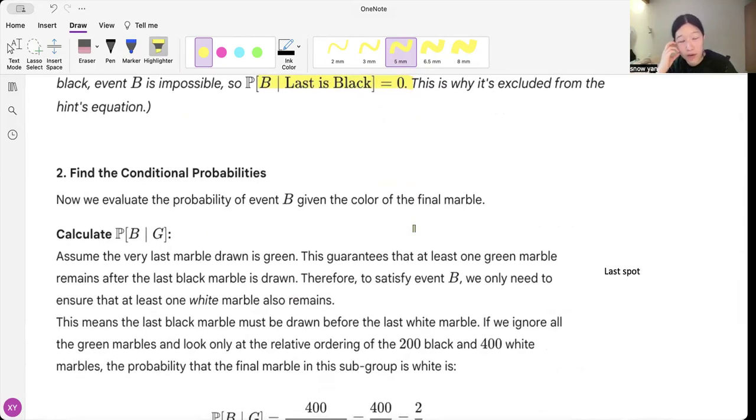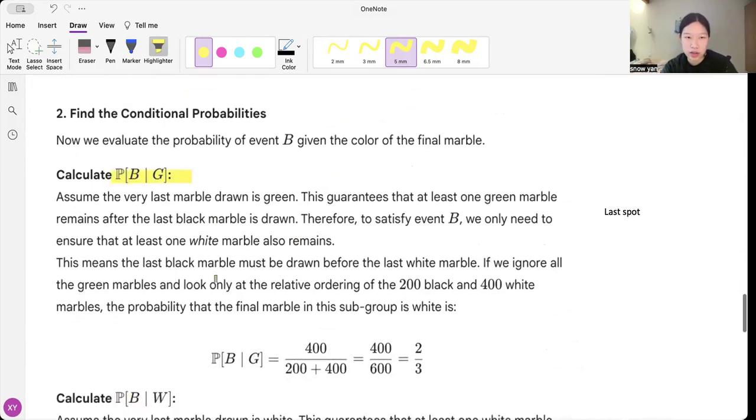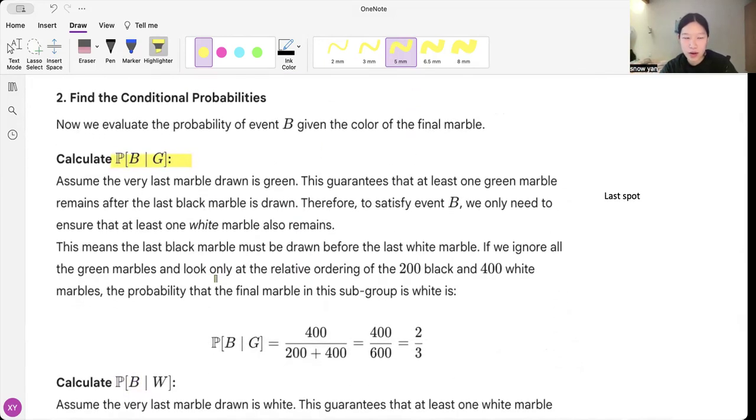Next, we find the conditional probabilities. First, the event B given G. We assume the very last marble drawn is green, and then we want the last black marble to be drawn with a white in between.